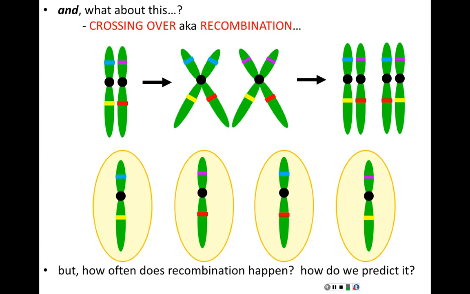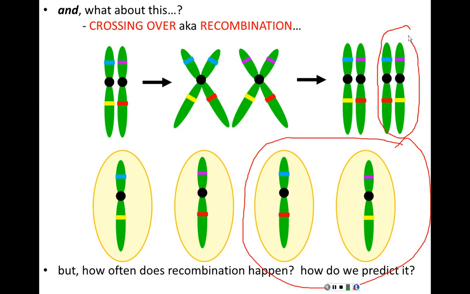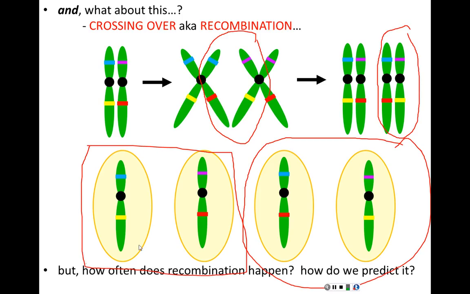Now I show you that we can get every possible combination because of crossing over during meiosis, but we get fewer of those combinations that were the result of recombination than those that were not, the original parental chromosomes we started with.